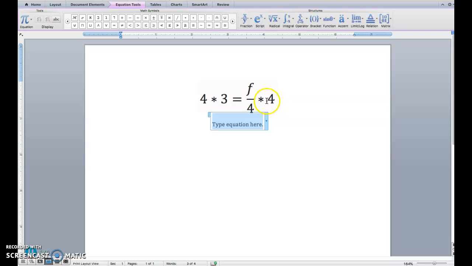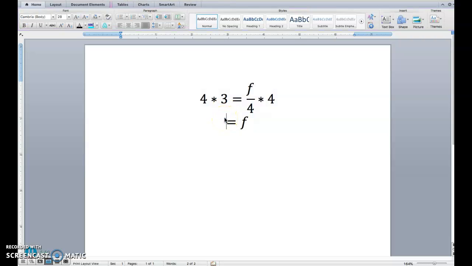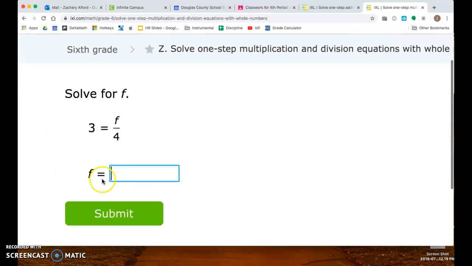So multiplying by 4 goes away, dividing by 4 goes away. F is all I have on the right side. So I have f on the right side equals, okay, 4 times 3 is 12. So f equals 12. Let's go see if that's right. F equals 12. Yep, got it.